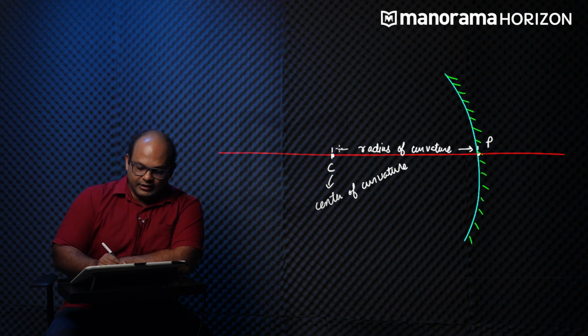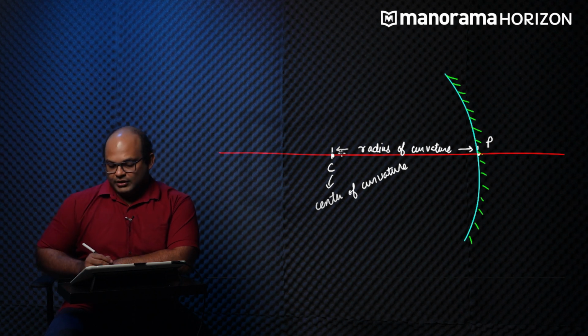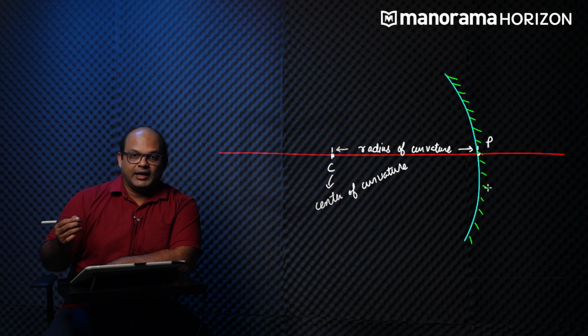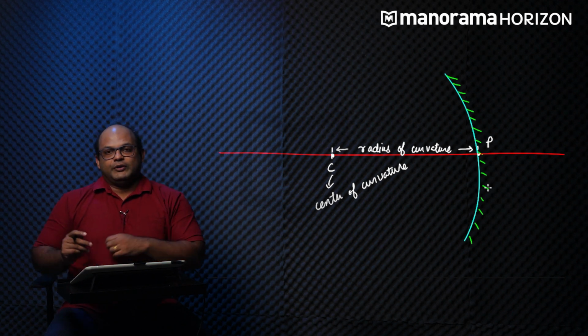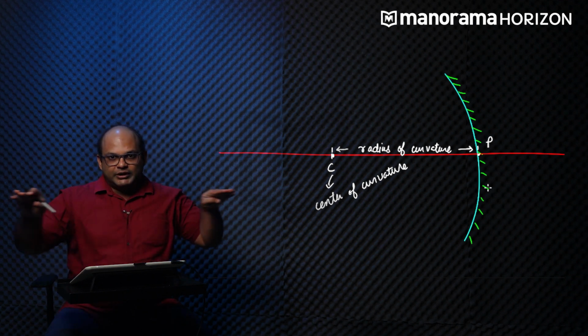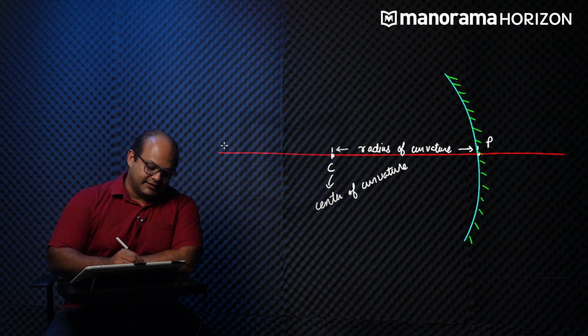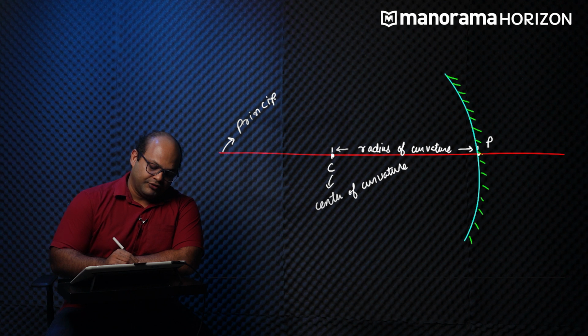This point on the mirror is the pole, denoted as P. If you take a line extending in both directions indefinitely and connecting the points C and P, this is what we know as the principal axis for this mirror.